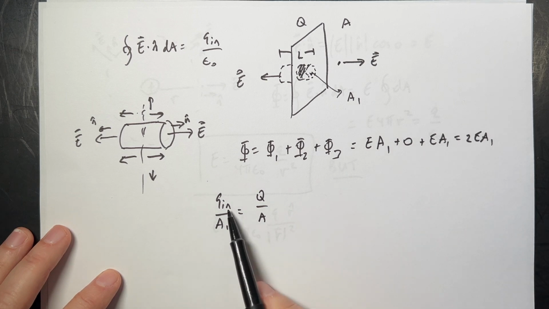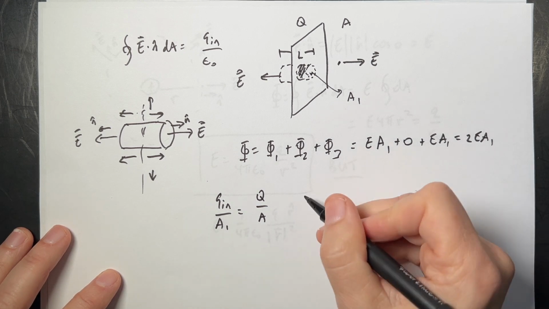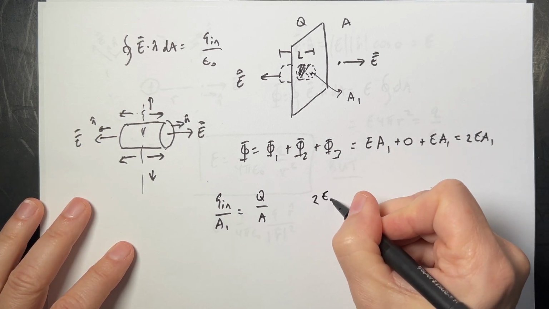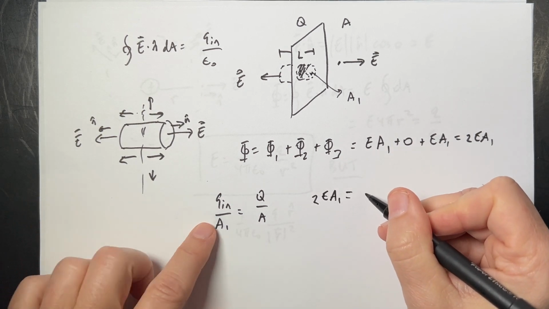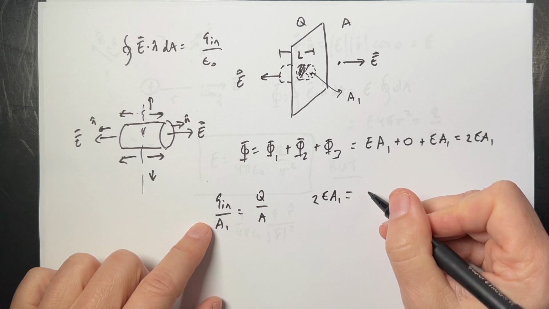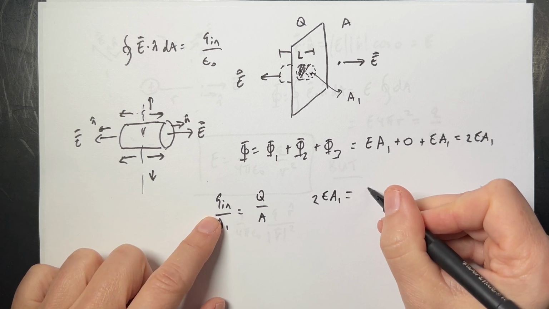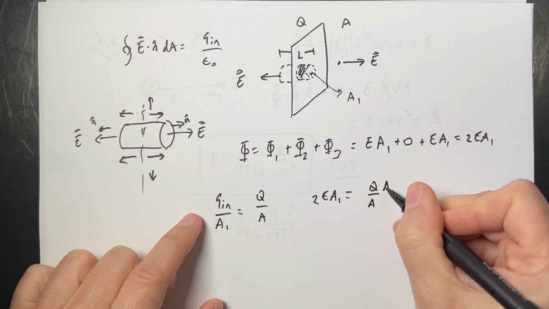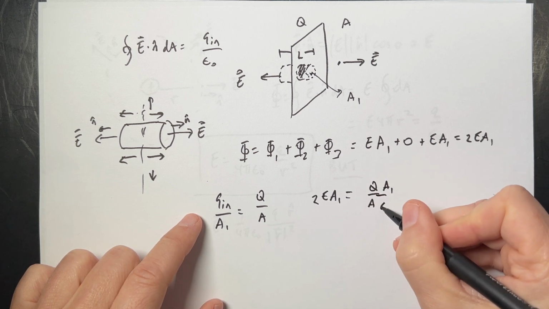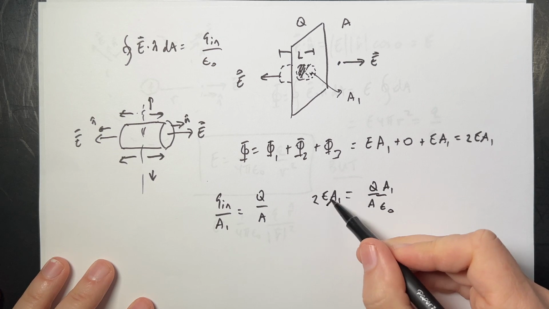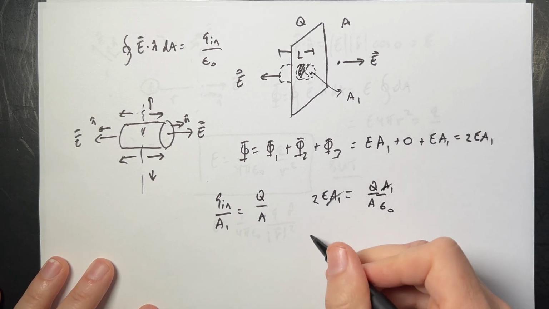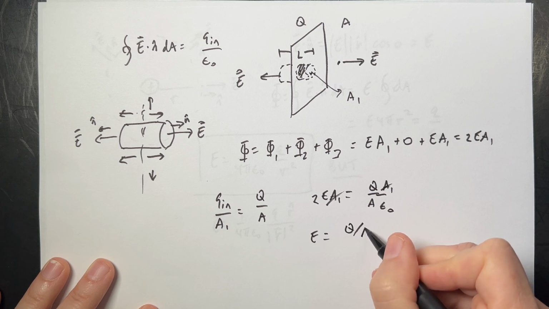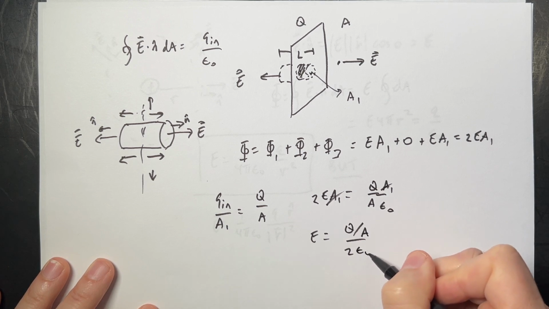So I can put that in and use Gauss's law. There's my flux: 2EA1 is equal to Qn over A1, which is equal to Q over A, divided by epsilon naught. And look at that, it cancels. Let's solve this. E equals Q over A over 2 epsilon naught.